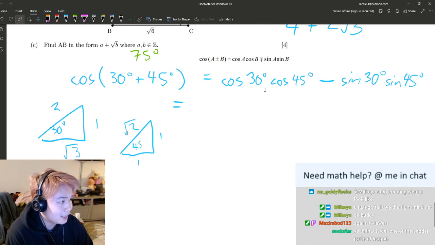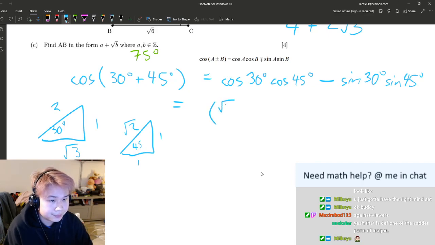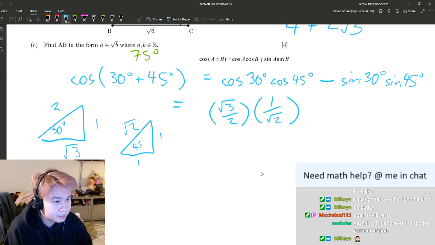Anyways, I'm drawing this because again, I just cannot pull this out of my head right now. So cosine 30 is root 3 over 2. Cosine 45 is 1 over root 2. Sine 30 is 1 over 2.